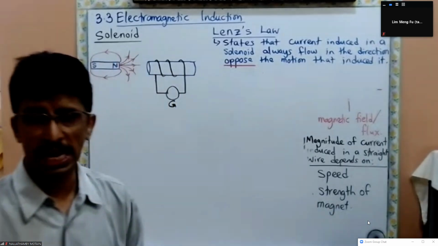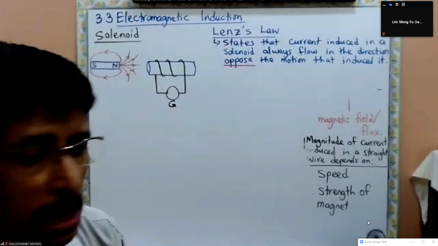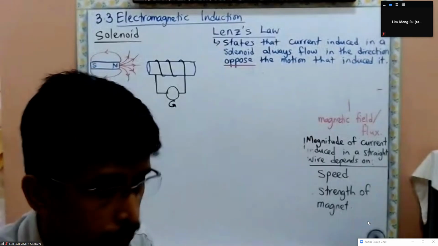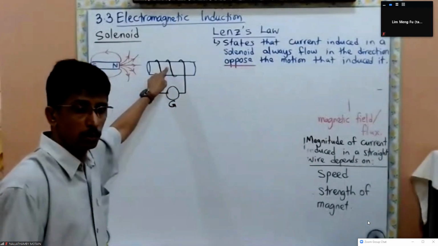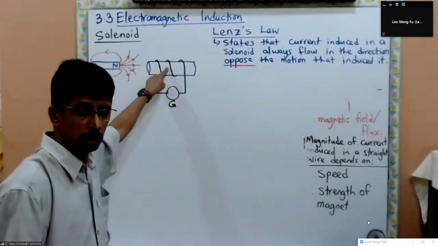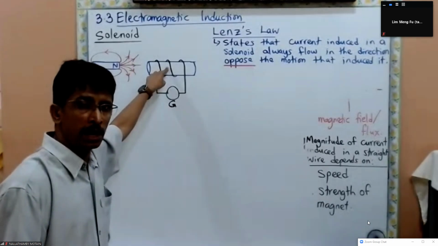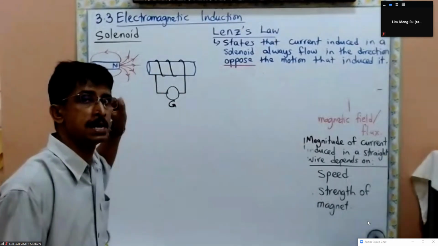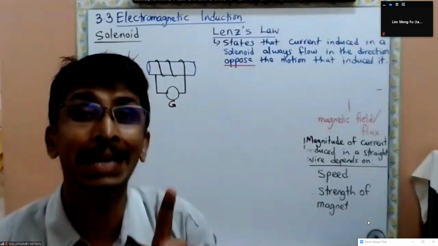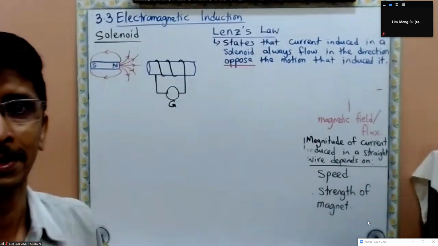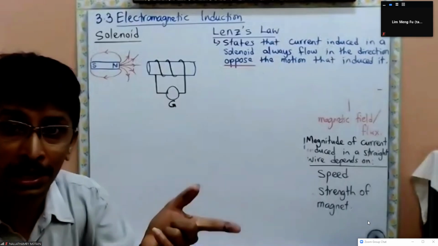In BM, we say like this. Hukum Lenz menyatakan bahawa arus teraruh dalam satu solenoid sentiasa mengalir dalam arah yang menentang gerakan yang menghasilkannya.